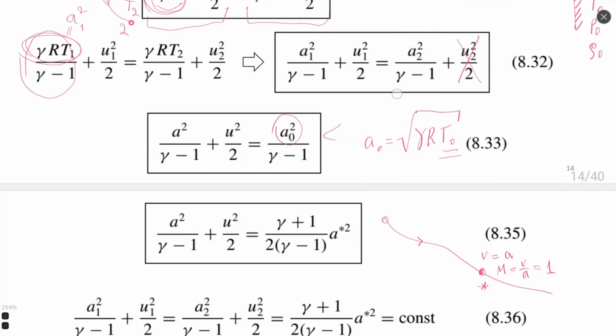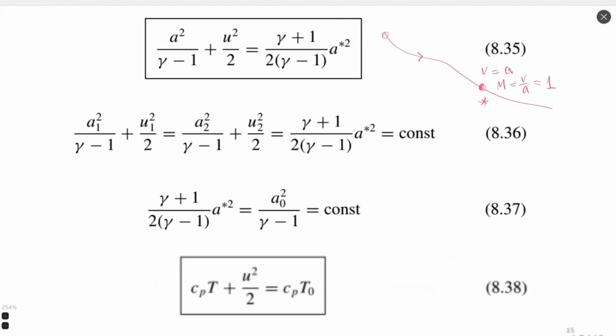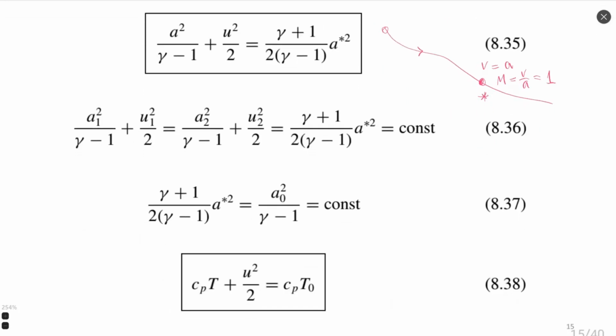I will remove some notes here, and instead of velocity 2, I just changed to A2. So we have speed of sound in both parts of the right side of equation 32. And here we just combine, because A2 and A2 are the same A2, right? We just combine, and inside equation 35, we start to receive this definition here.